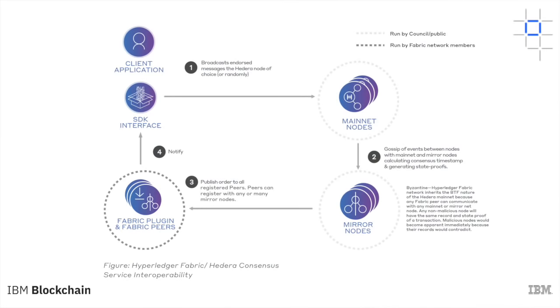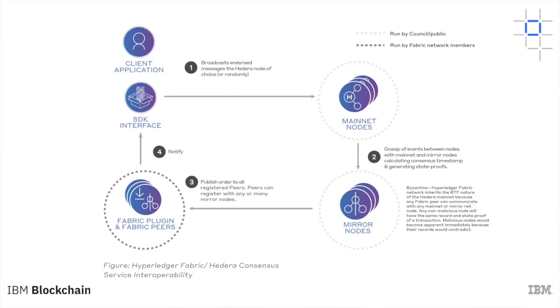Let me talk a little bit about how this could function. First, the client broadcasts messages to the Hedera node. These events are then gossiped between the nodes, calculating the consensus timestamps and generating state proofs, and they can remain private this entire time through encryption as discussed by Leemon earlier.